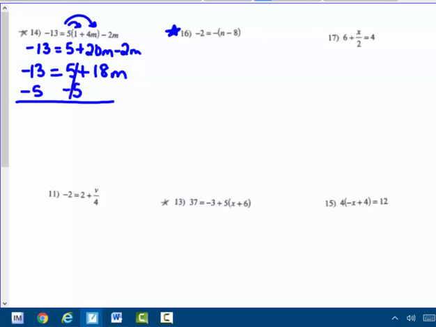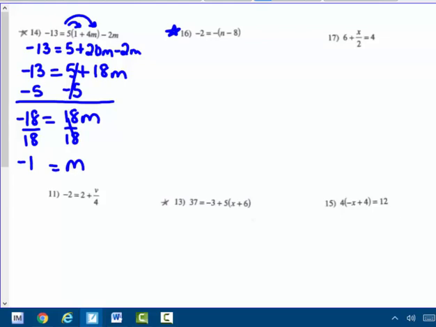Those cancel. -18 equals 18m's. Well, 18 is a +18, so I'm going to divide by a +18, the exact same signed number. And 18 over 18 does equal 1, so cancel that. I get m on the right, leave it on the right. And -1, I believe, is the answer.